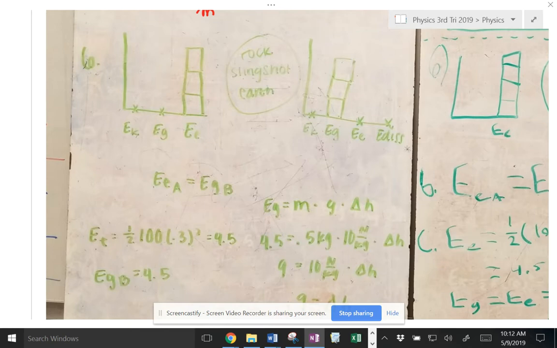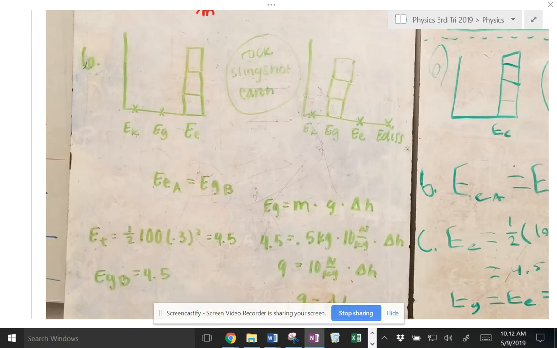And then what we did to determine the greatest height the rock could reach, we found the EE at A because we were given the constant. So we got 4.5, and because EE at A equals EG at B, we could say the EG is 4.5.